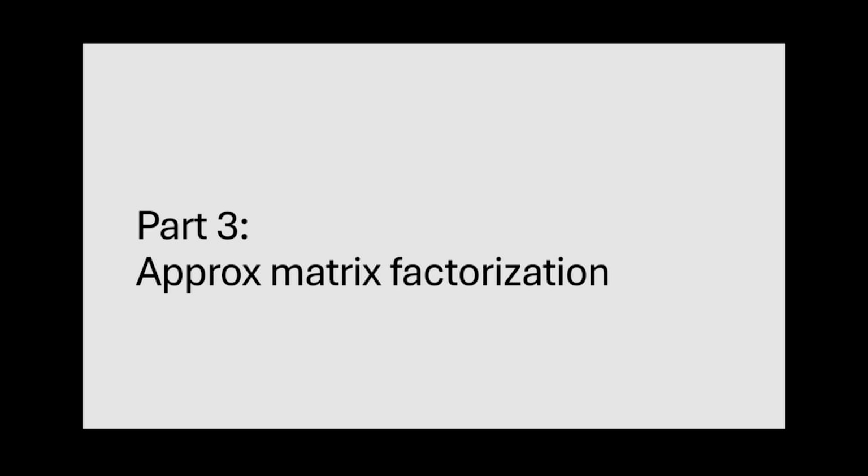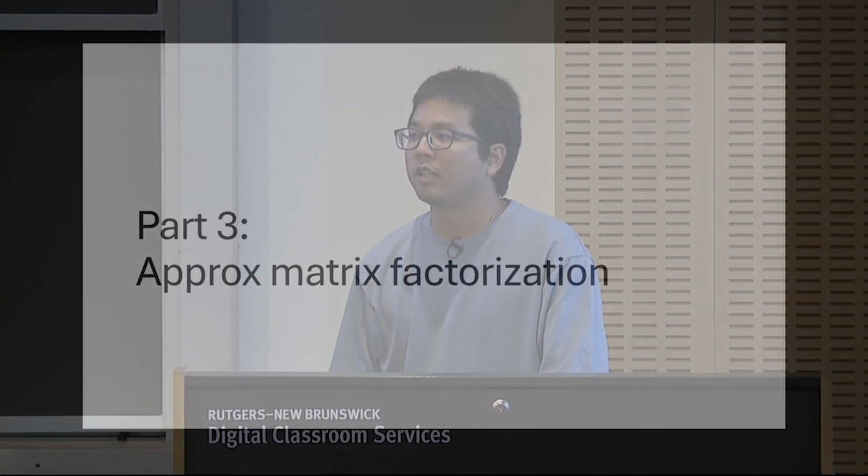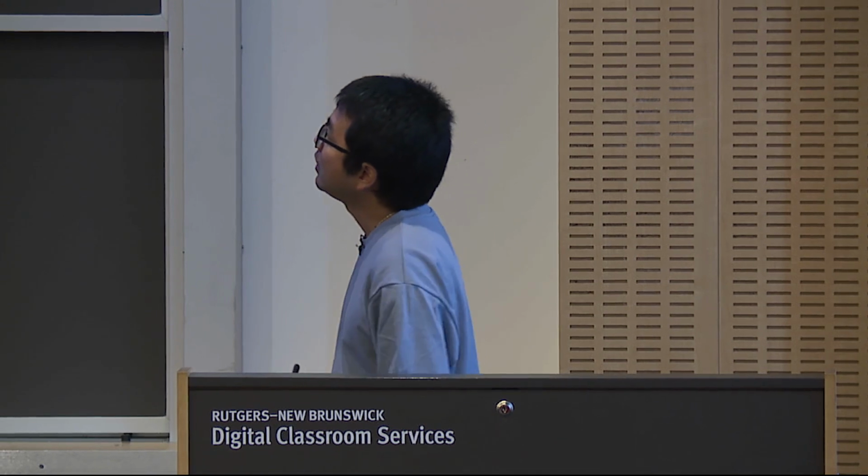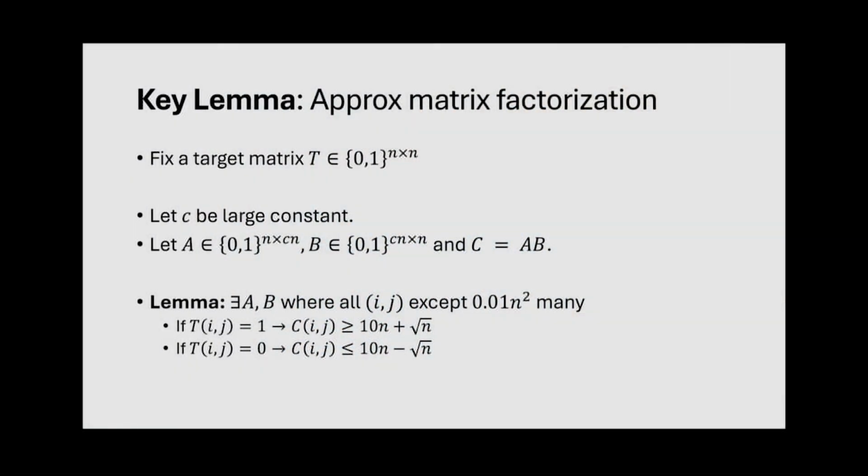So now it's really about this matrix factorization. So that's the goal. You have target T. You want to factorize it into A and B of larger size such that when you multiply A and B to get matrix C, C and T are basically similar in this sense.